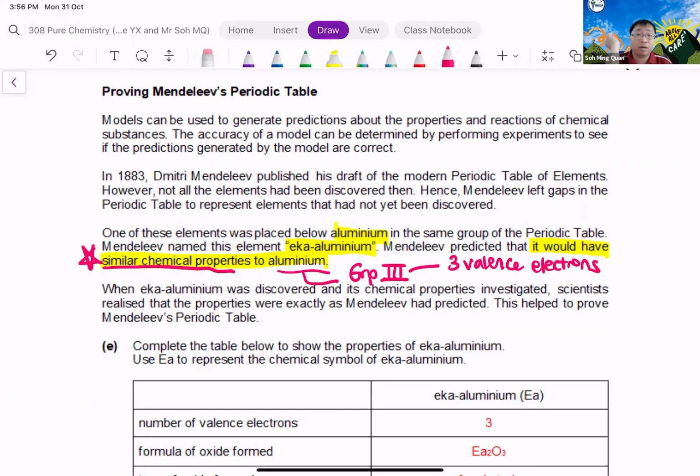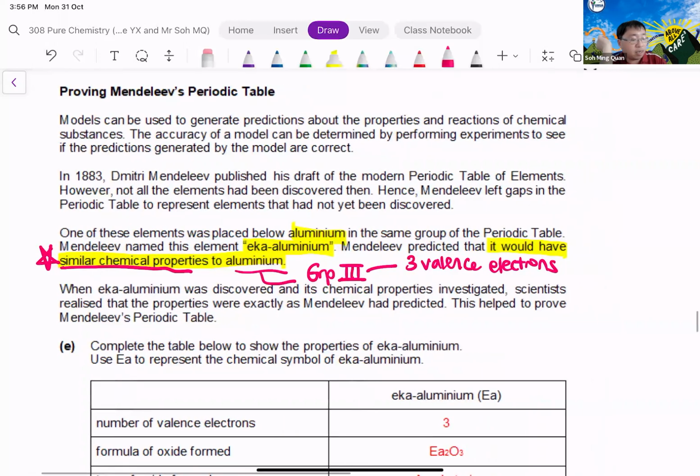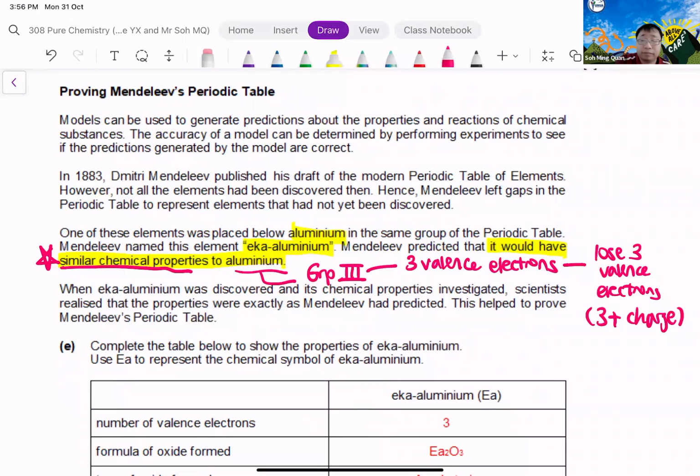If I know 3 valence electrons, it means it will lose 3 valence electrons. So it will be 3 plus charge. Besides that, what else do I know about aluminium? Amphoteric oxide. Aluminium forms amphoteric oxides. Aluminium is a metal. And so on.